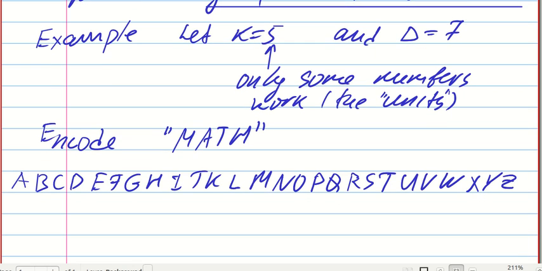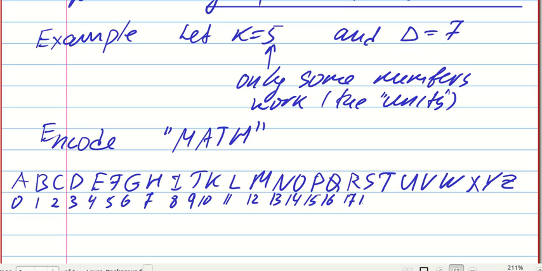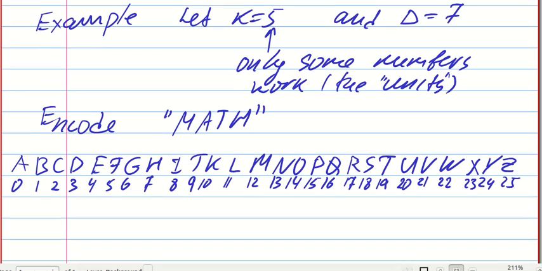We number the letters, so we would know the numeric position. And remember, we start from 0 and we have to end at 25, right? So we started from 0 and we went all the way to 25.